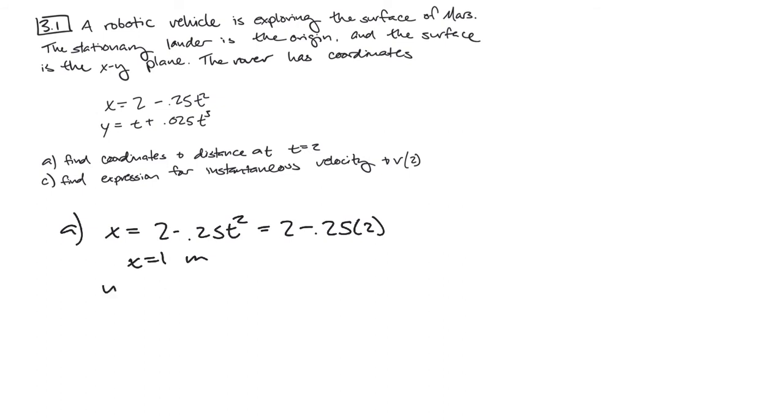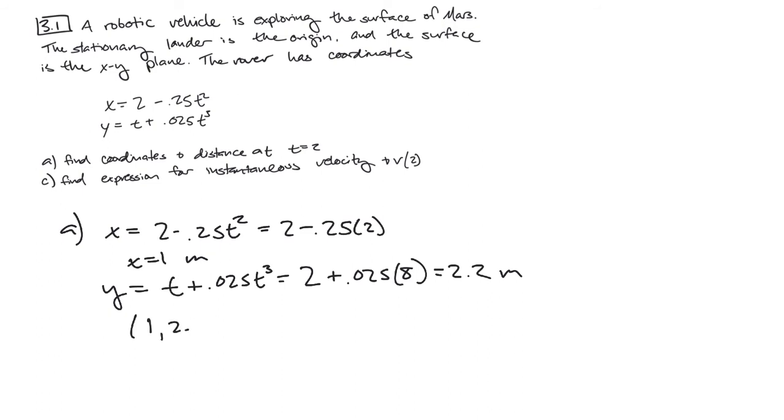And then for y, you've got y equals time plus 0.025 t cubed. So that's 2 for time plus 0.025 times 2 cubed, which is 8. And if you do that, you get 2.2 in meters. So your xy coordinate is 1 and 2.2.